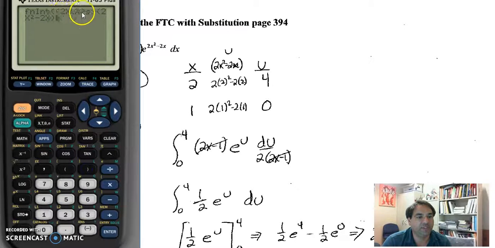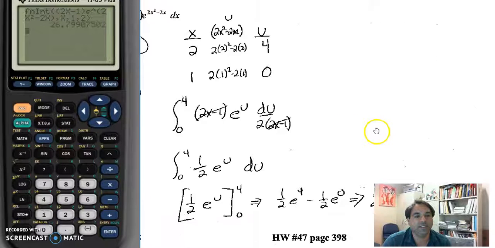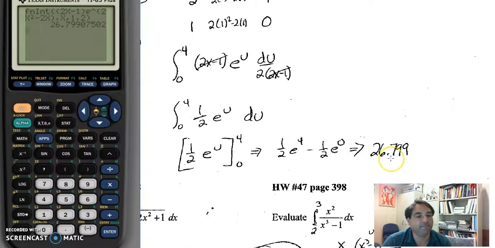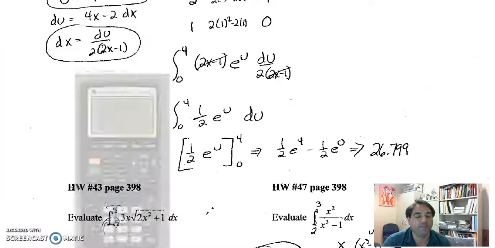Remember, if you open a parenthesis, gotta close it. Then comma x. Now we're doing the original, comma 1, comma 2, close parenthesis. And if we did it correctly, we should get that 26.799. So we can do it and check our work as well.